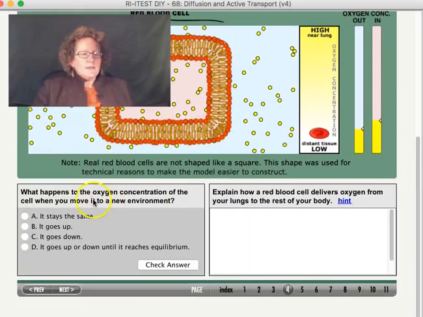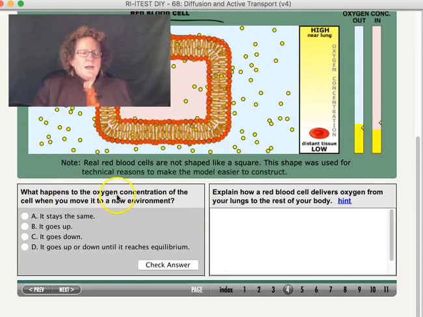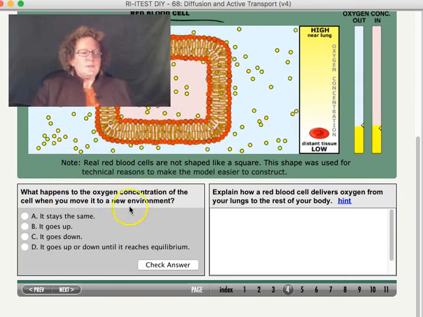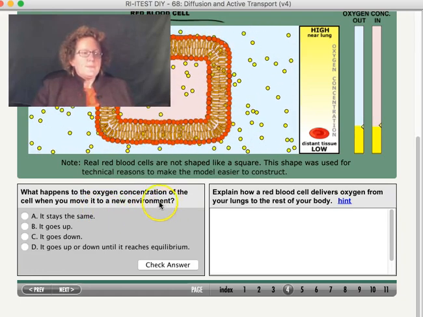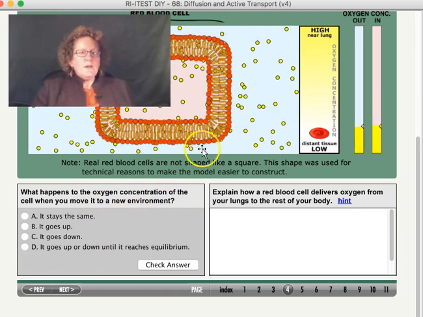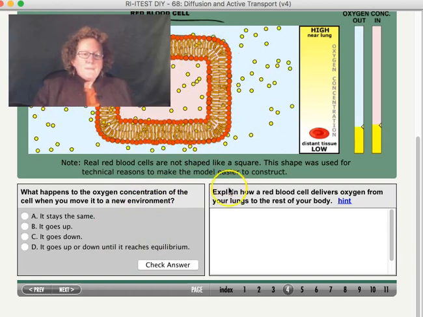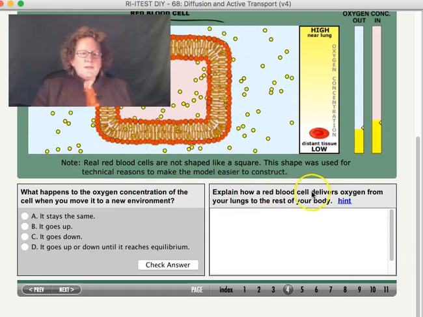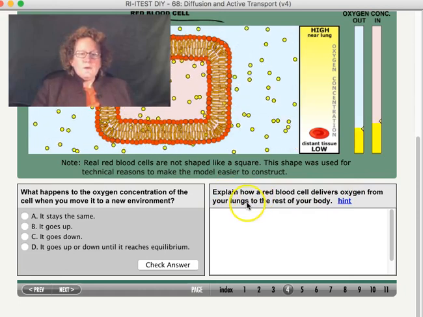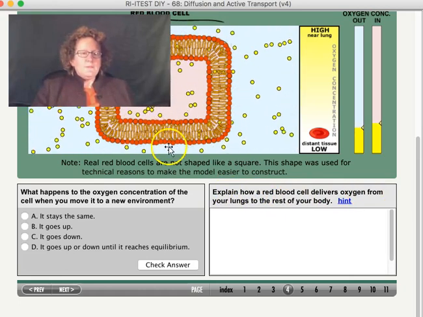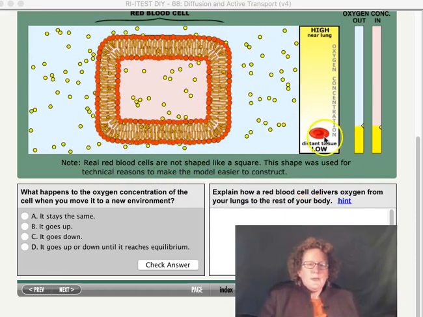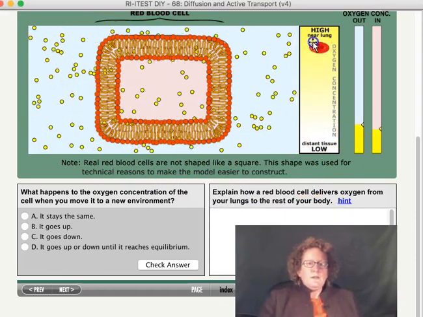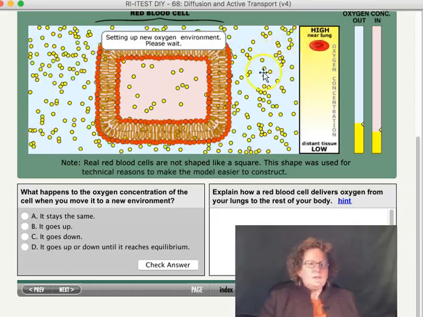So let's answer these questions. What happens to the oxygen concentration of the cell when you move it into a new environment? You should be able to answer this one from studying the model. Explain how a red blood cell delivers oxygen from your lungs to the rest of your body. Well, we can look at the model one more time before you answer this question. If we take it to your lungs, it's in a high oxygen environment.